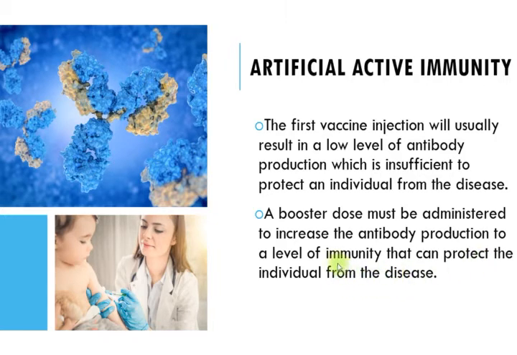Usually the question asks why the person needs a booster dose, or a second dose. The answer is to increase the antibody production to a level of immunity, and it will protect the individual from the disease.